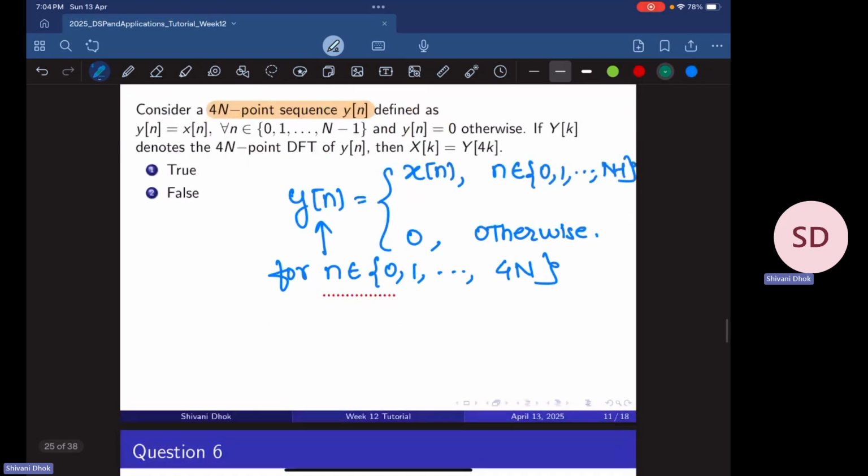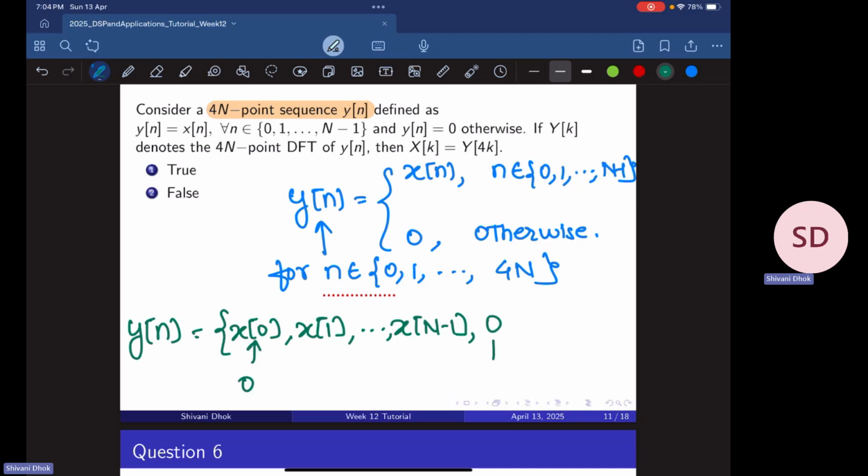So how does this signal look? The first N samples come from x of n, so we get x of 0, x of 1 and so on till x of N minus 1, starting from n equal to 0. Then we have 0 starting from little n equal to capital N, 0 and so on till 0, and this corresponds to 4N minus 1. Okay, so this is how our y of n looks.